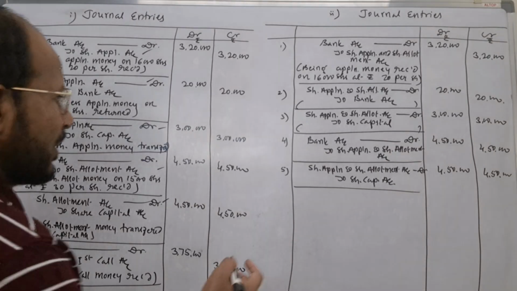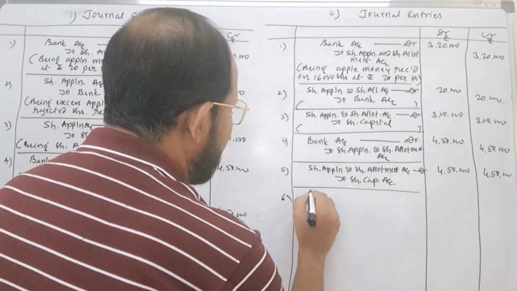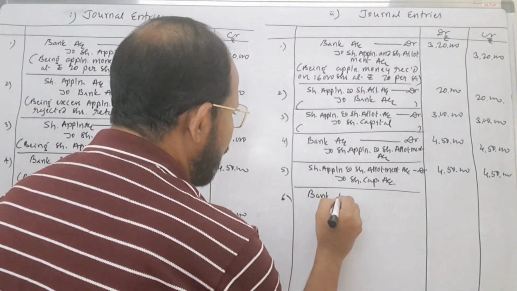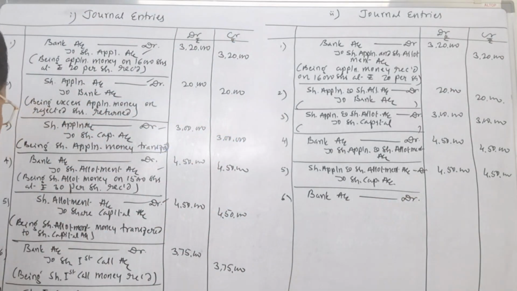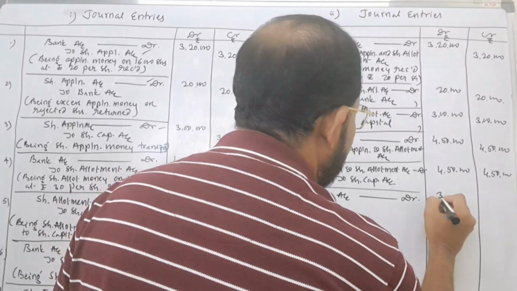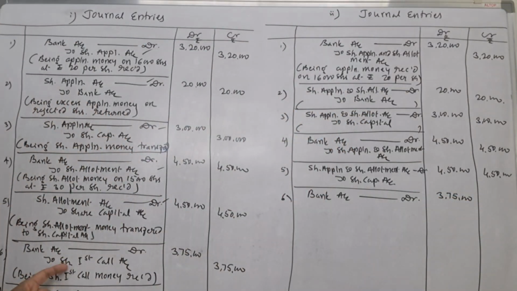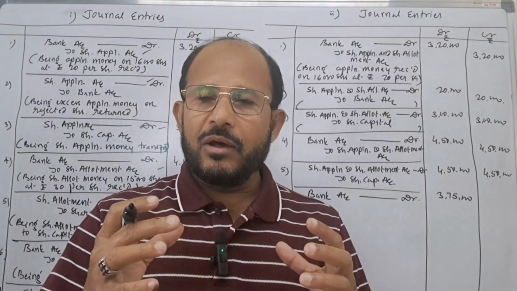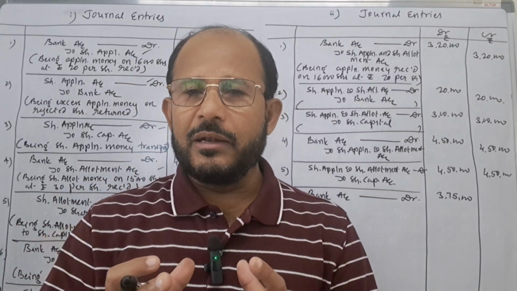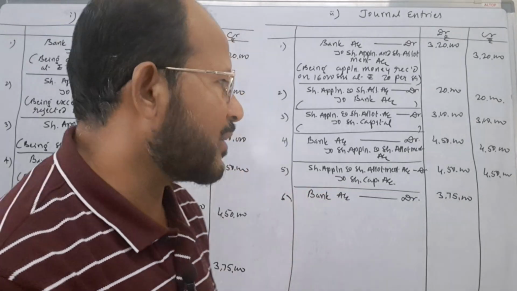about the first call. When the first call money was received, what journal entry is to be passed here? Bank account is to be debited as usual. What is the amount? 3,75,000. Next one is to share first call account. But remember here, the share application and allotment account, both are combined, but for the call money, the same entries are to be passed here.